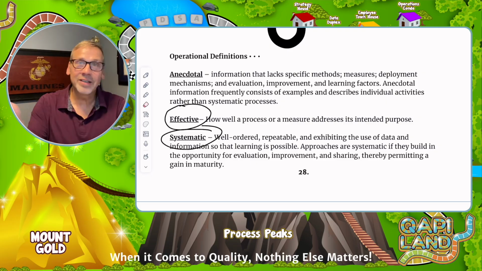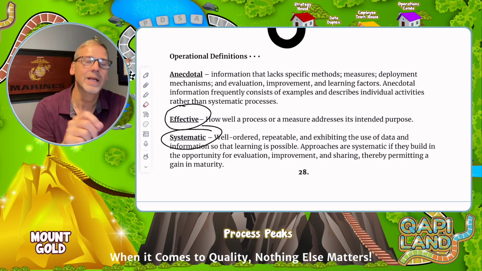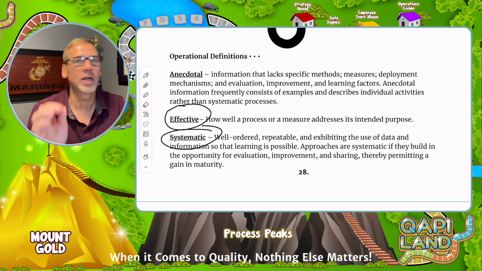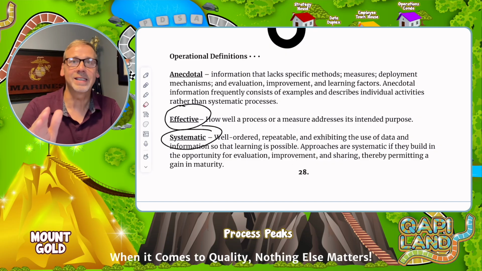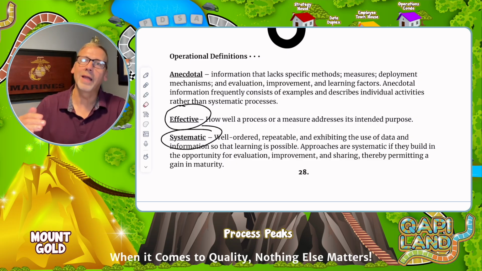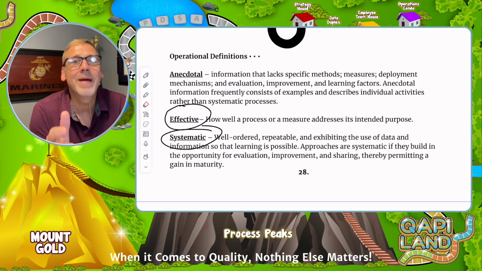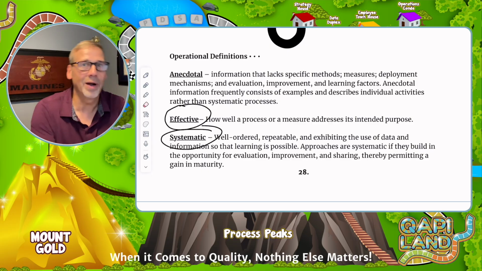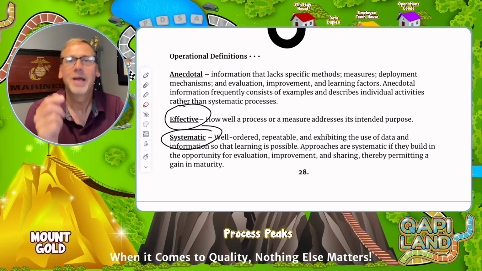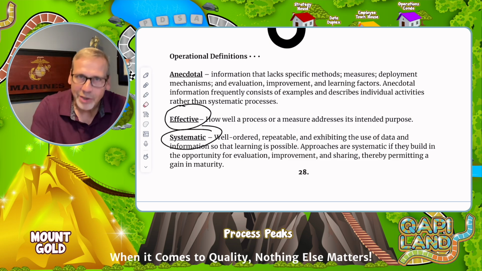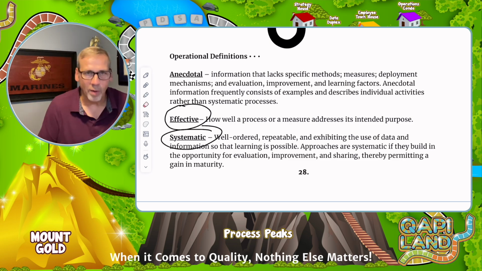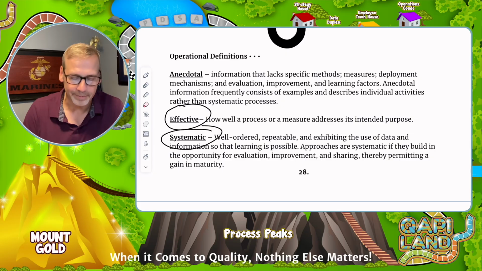What he tells his clients, and what I'm going to tell you because I think it's brilliant, is to always look for your informal processes and figure out how to make them formal. The way to make an informal process formal is by making it systematic, repeatable, and measurable.